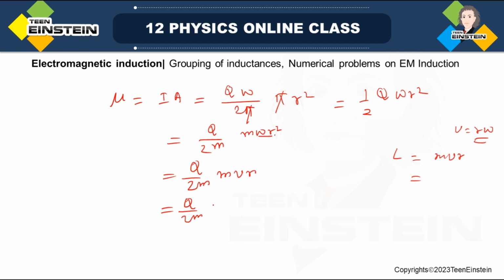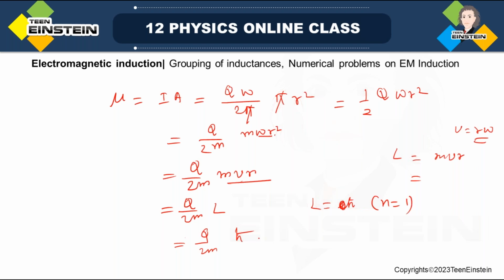That means mu is q by 2m into L, the angular momentum. In case of the hydrogen Bohr orbit, L is equal to n h cross, so L is equal to h cross for the first Bohr orbit, where n is equal to 1.